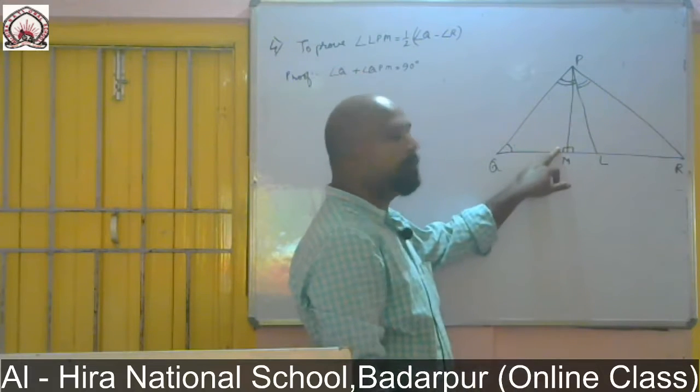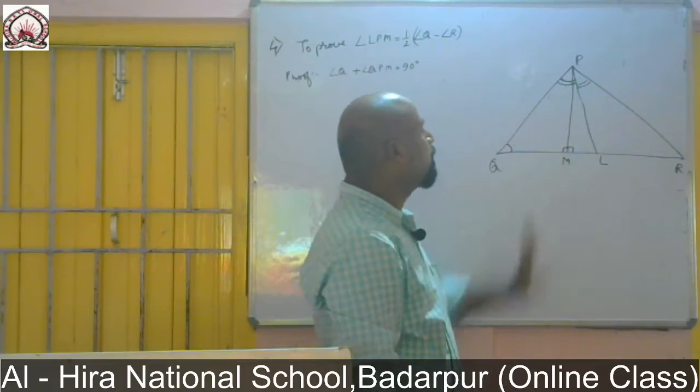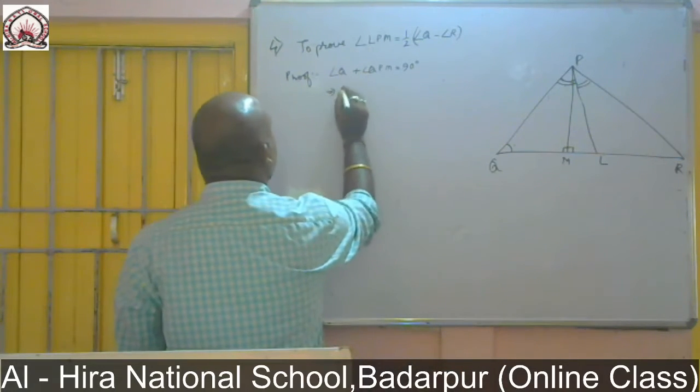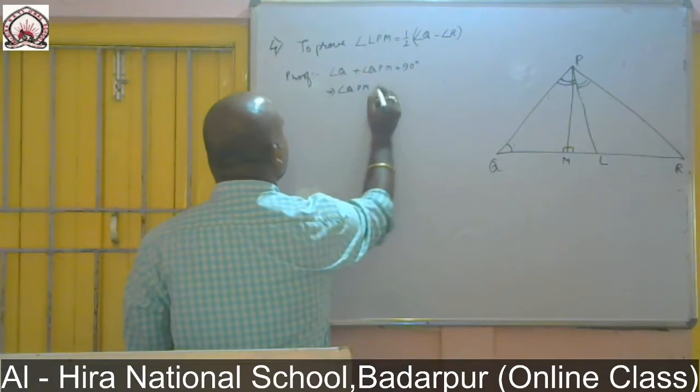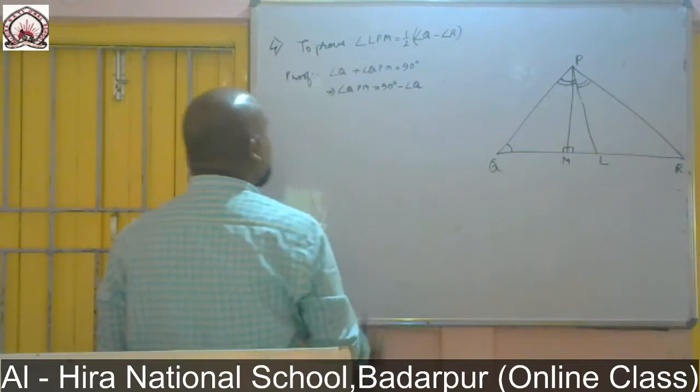Since this angle equal to 90 degree, so this angle plus angle QPM equal to 90 degree. Implies angle QPM equal to 90 degree minus angle Q.